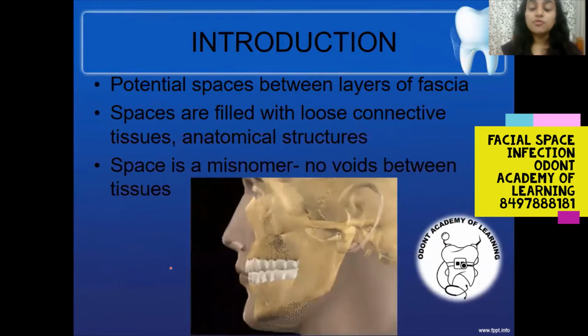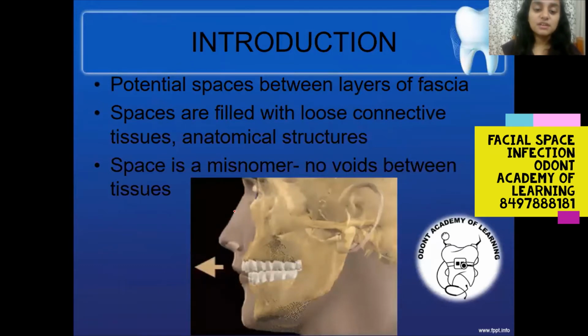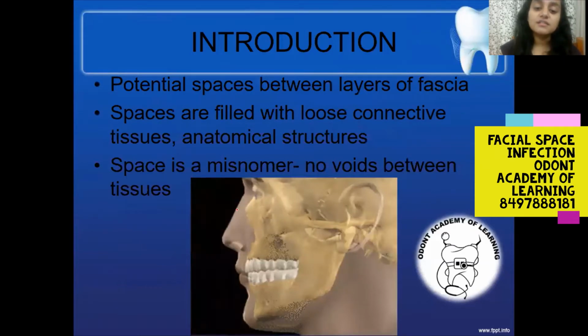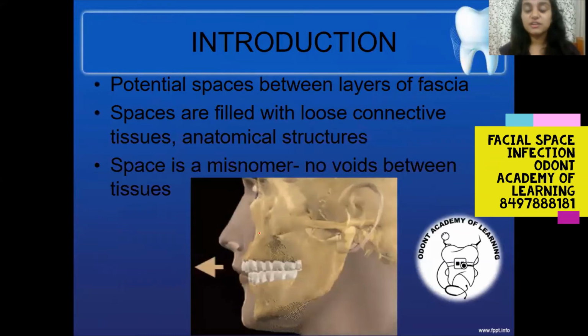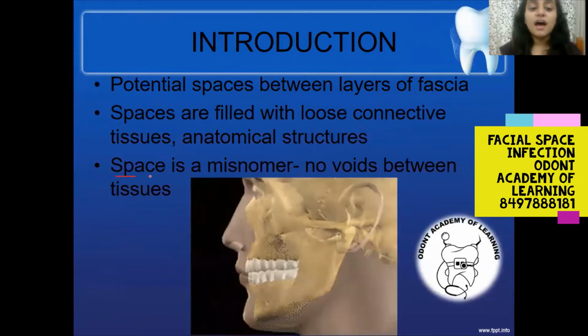So what is a facial space infection? There is definitely a distance between the face and the internal skeletal structure. However, this distance is not really covered with a space.